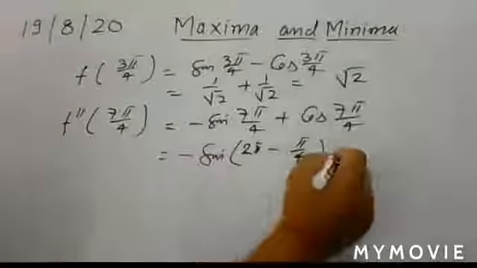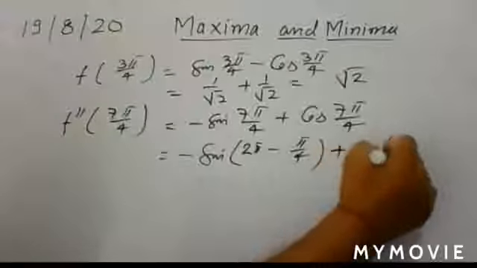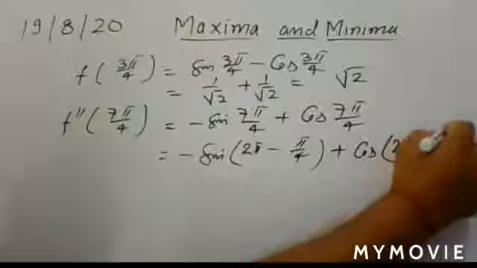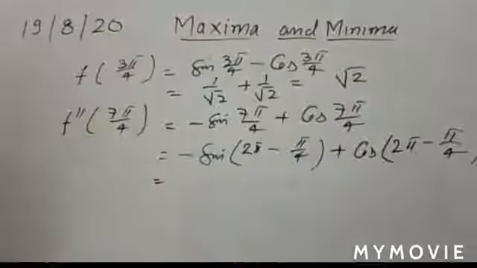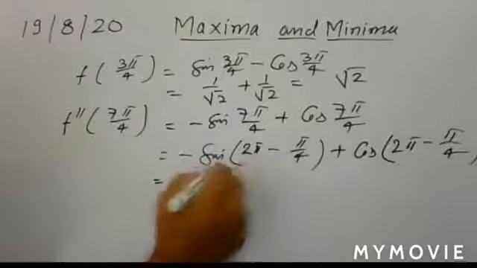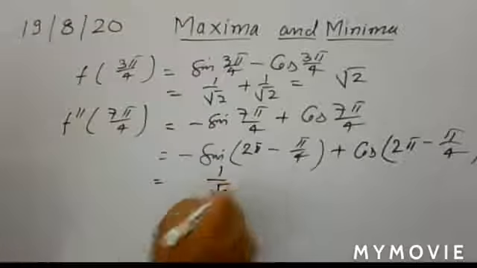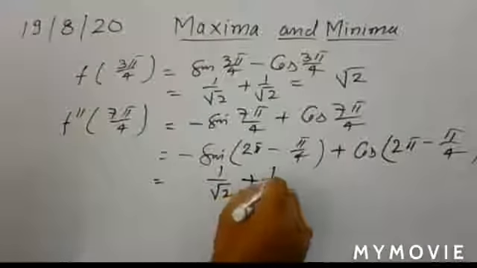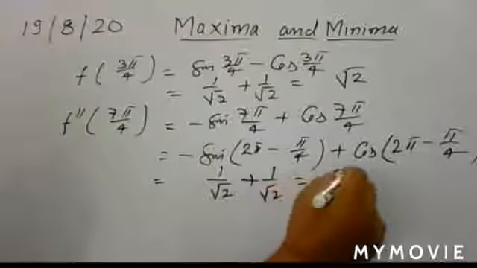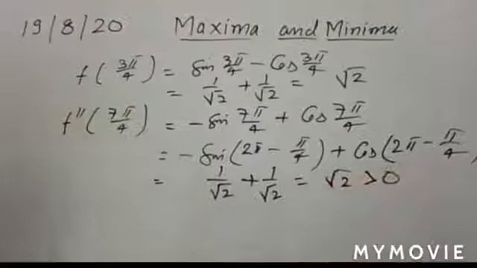And 2 pi minus theta lies in the fourth quadrant. In the fourth quadrant sine is negative. So here you have sine pi by 4 which is 1 by root 2, and cos is positive, so you have 1 by root 2, and overall here you have root 2 which is greater than 0.